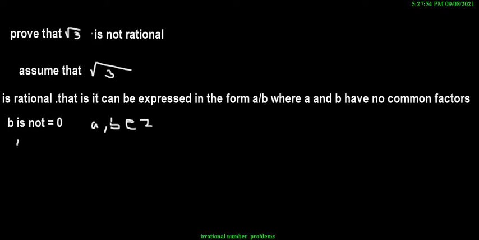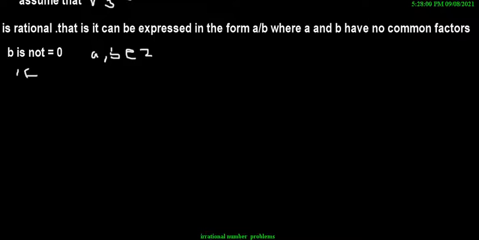So then, if square root of 3 is equal to a over b, of course we square it to get rid of the square root.